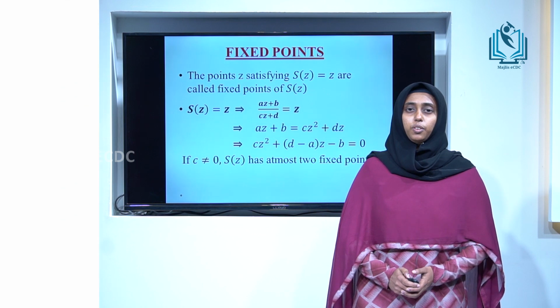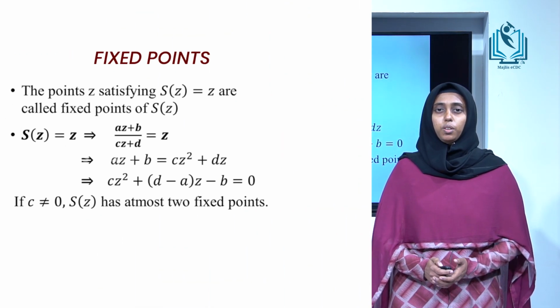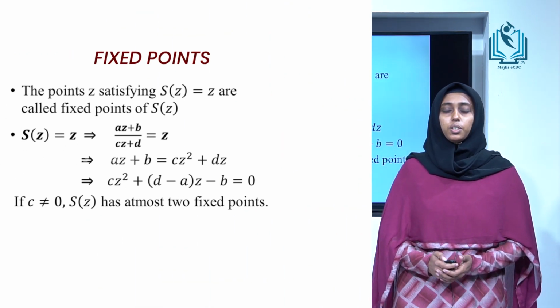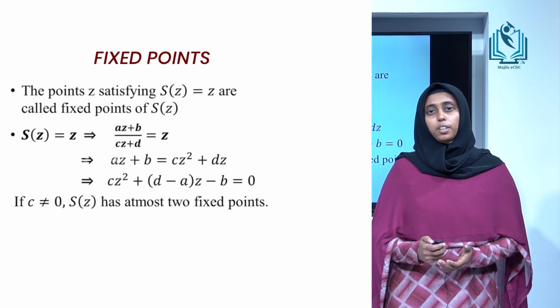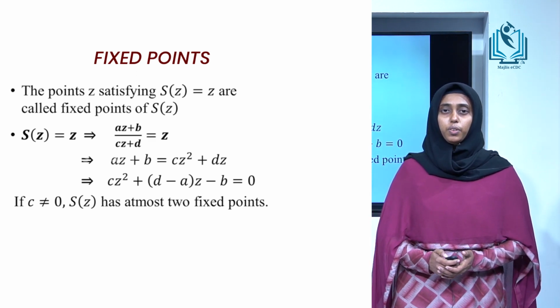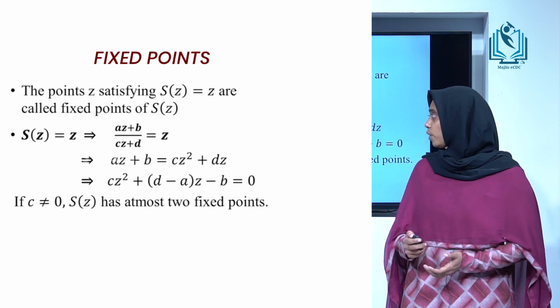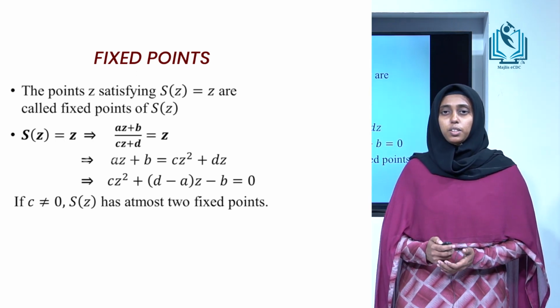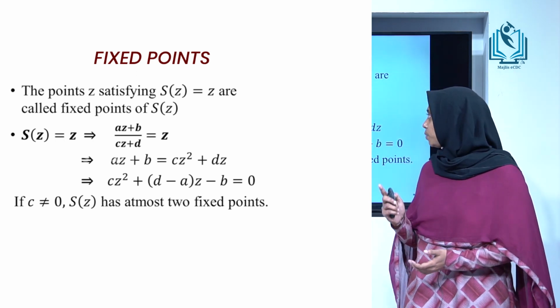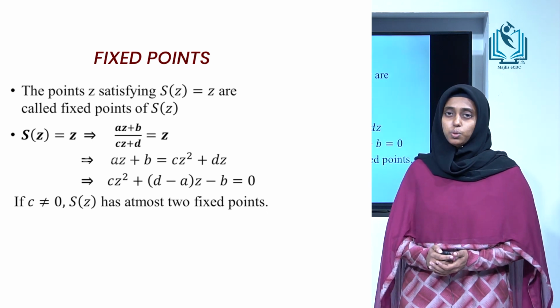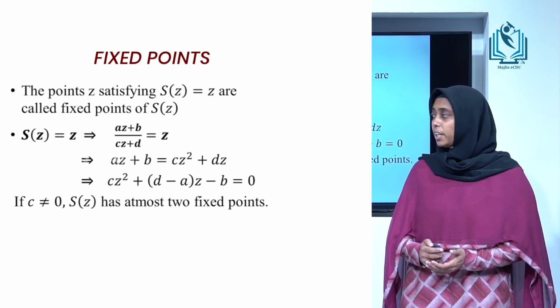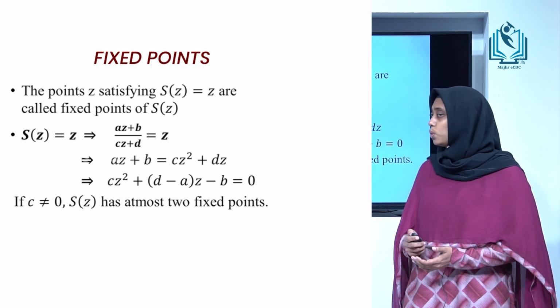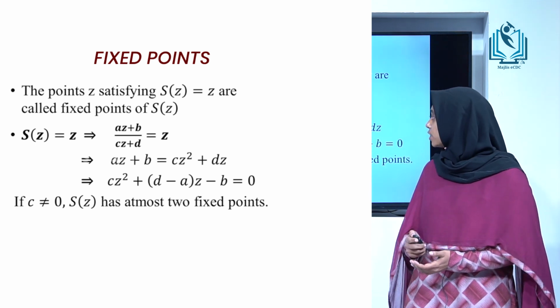Look at the definition of fixed points. The points satisfying the equation S of z equal to z are called the fixed points of S of z. And in the case of a Mobius map, S of z equal to z implies az plus b divided by cz plus d equal to z. By cross multiplying we get az plus b equal to cz square plus dz.